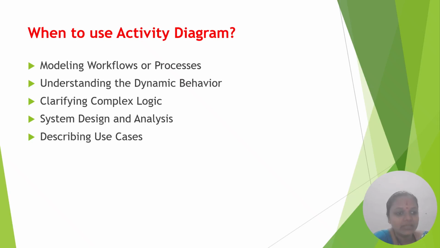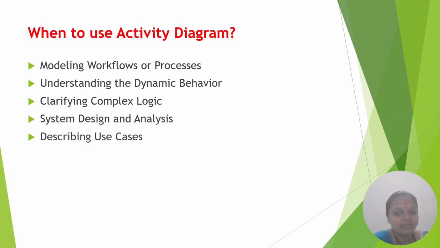The third one is clarity of complex logic. Use an activity diagram to simplify complex decision-making processes with branching paths and different outcomes. The fourth one is system design and analysis.